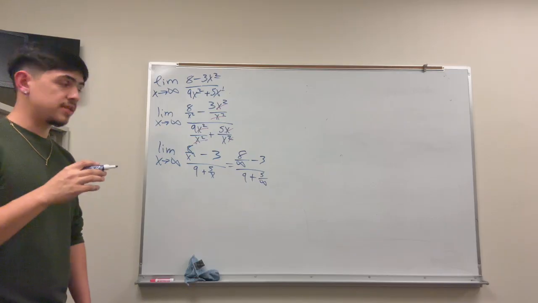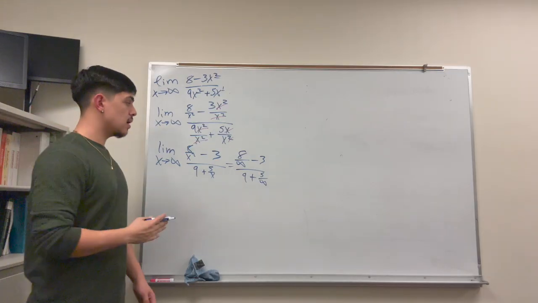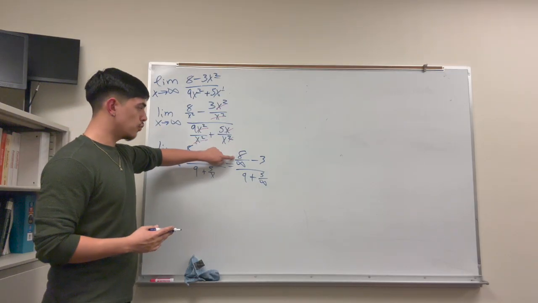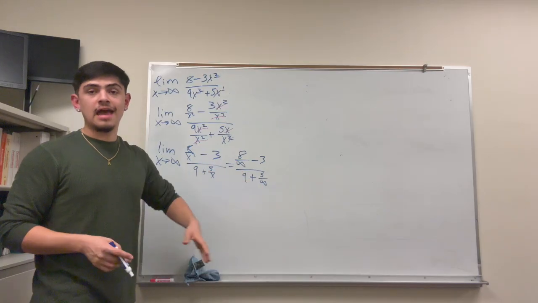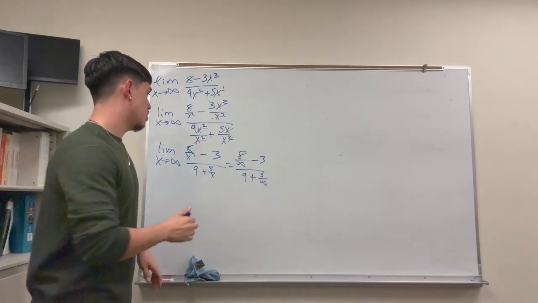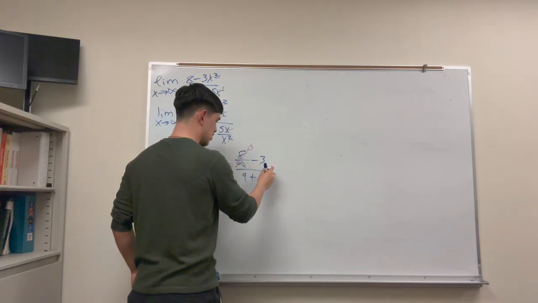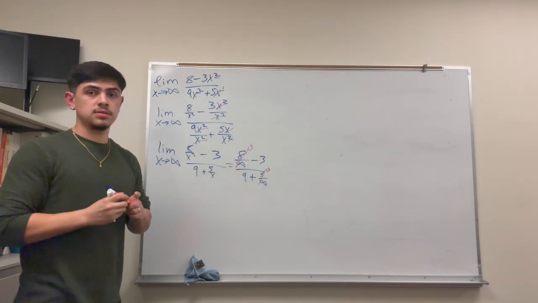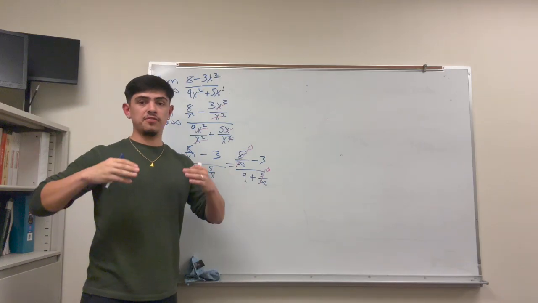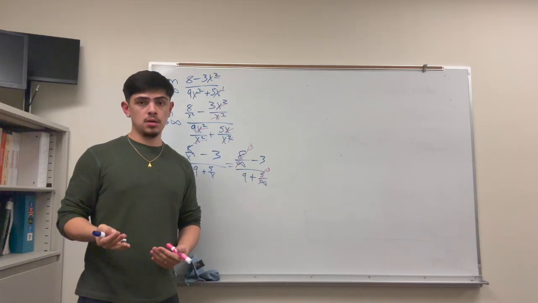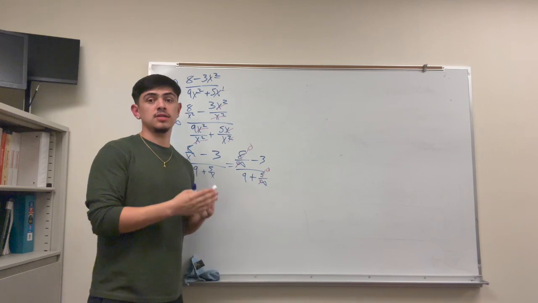And so this is actually a great answer, because this 8 over infinity and 5 over infinity actually turn to 0. This is going to turn to 0. This turns to 0. Because if we have a number and we divide it by a humongous number, it's going to tend to 0.